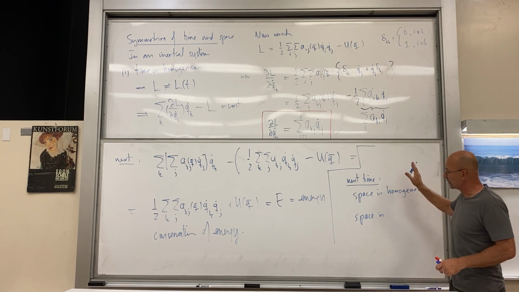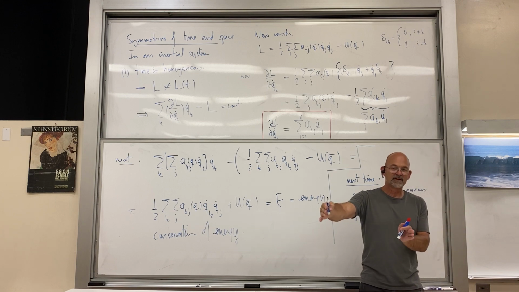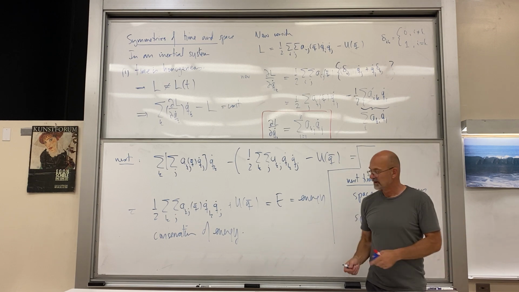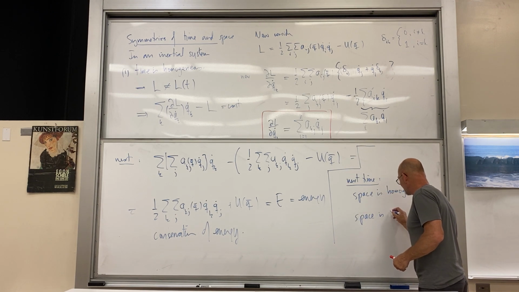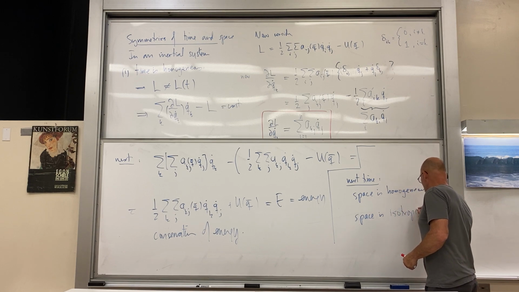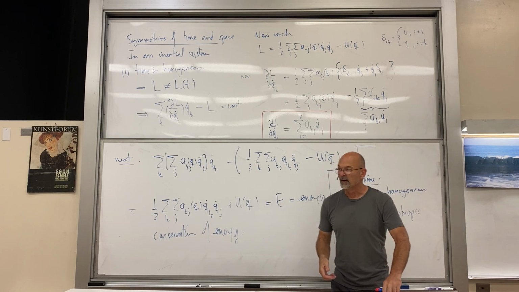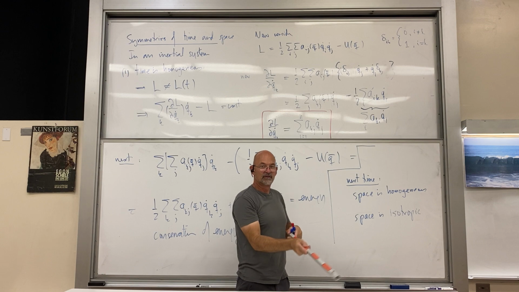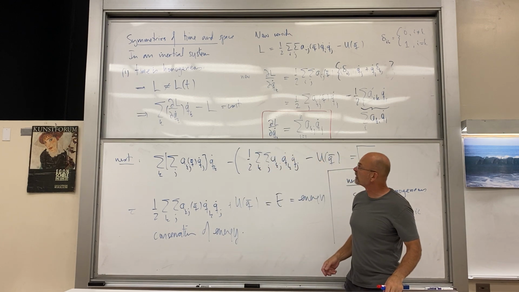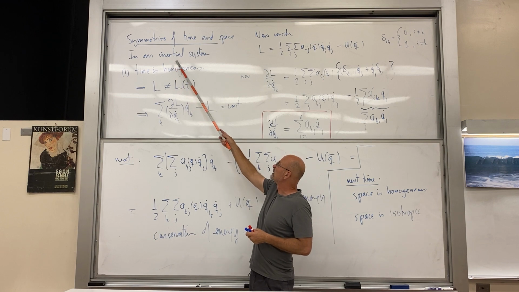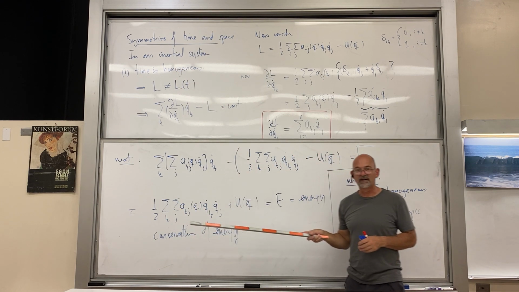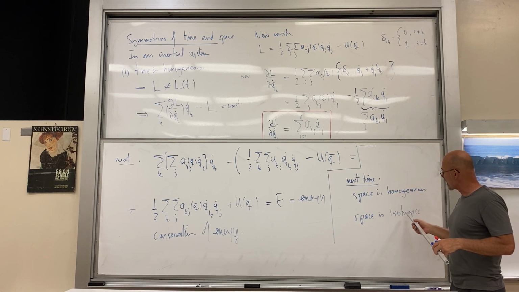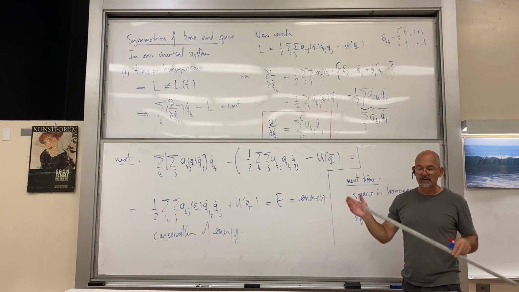So homogeneity of space means that if you just move your experiment a little, this little sector of space is just as good as this one here. And isotropy, so space is isotropic, that means that if you point your experiment here, it's the same as if you pointed there. Okay, so space is independent of direction. Of course, only true in an inertial system. If you're on a turntable that's rotating, all bets are off, right? But if space is homogeneous and space is isotropic, we'll pick up the other important conservation laws.